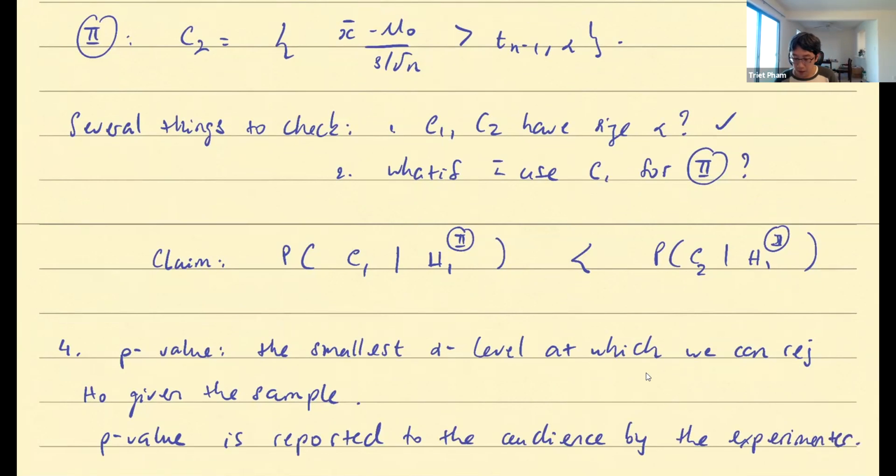Okay. And so the experimenter, after they conduct the sample, will report the smallest alpha level at which we can reject the null.